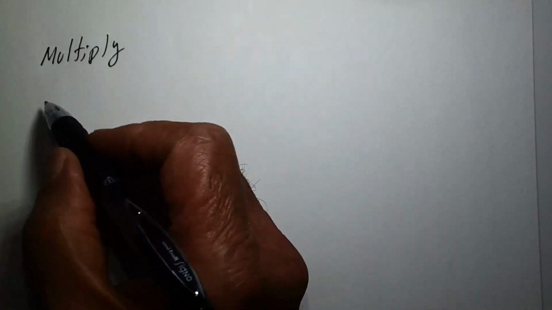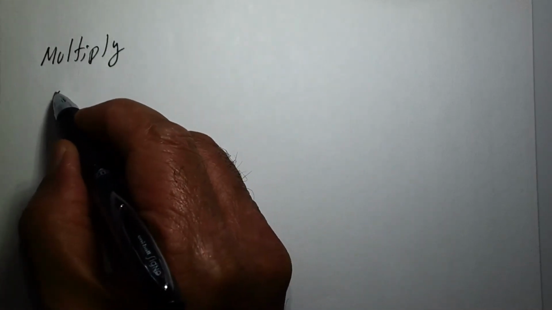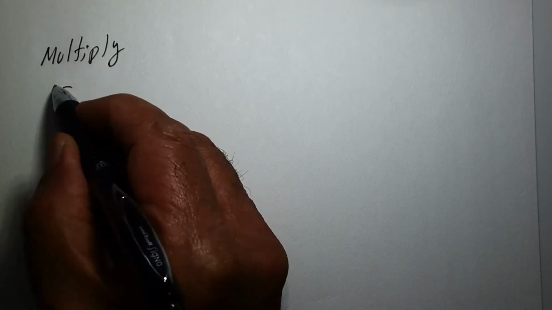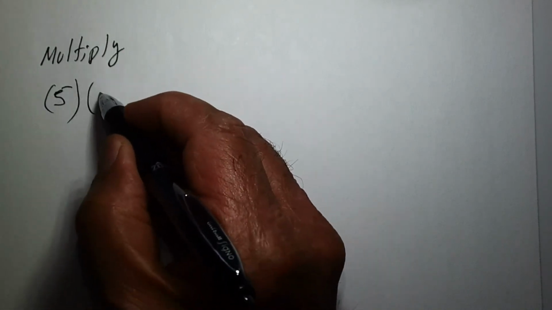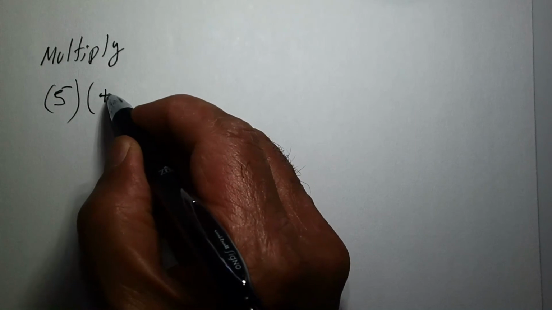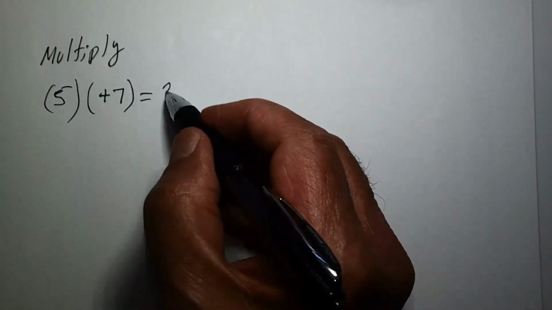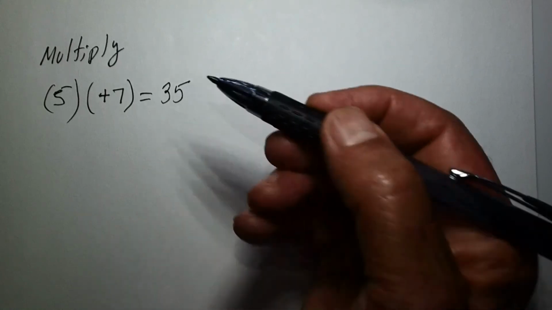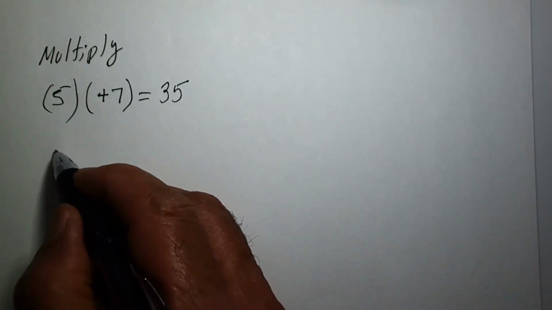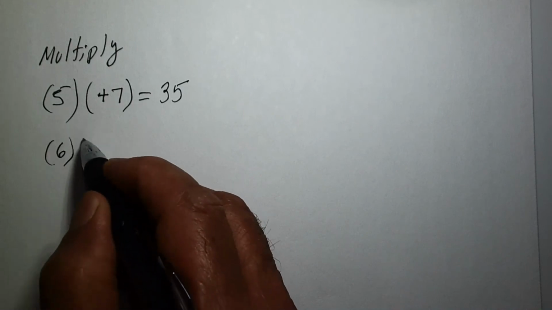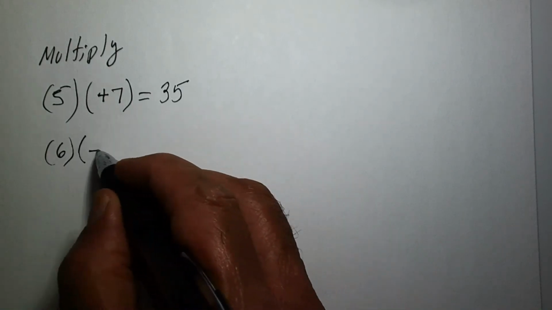Let's try some examples of multiplication and division. Multiply 5 by positive 7, it is positive 35. 6 multiplied by negative 5.